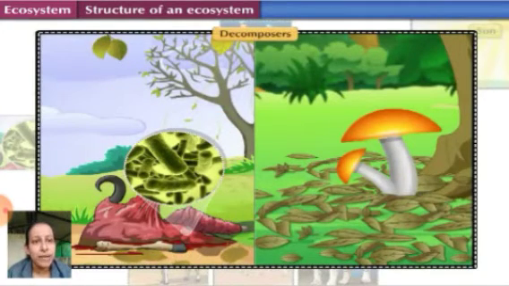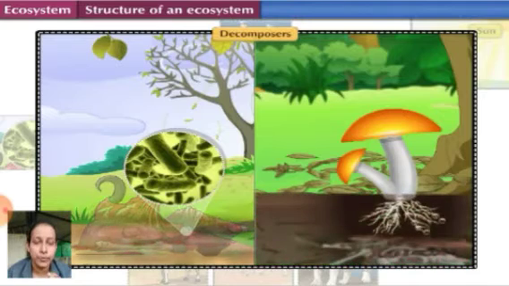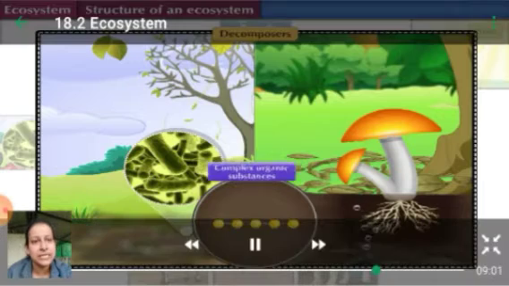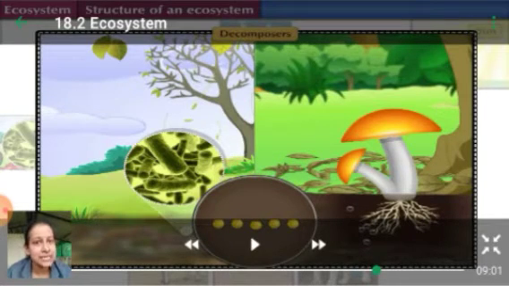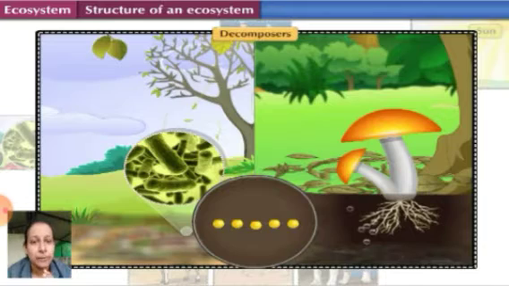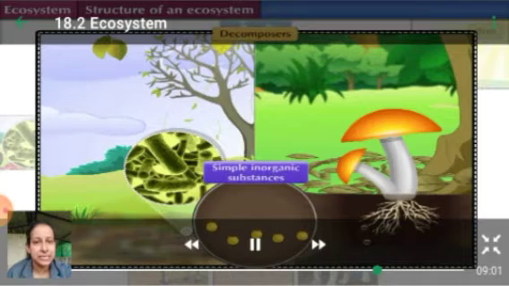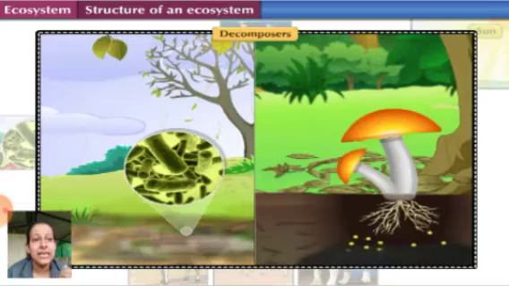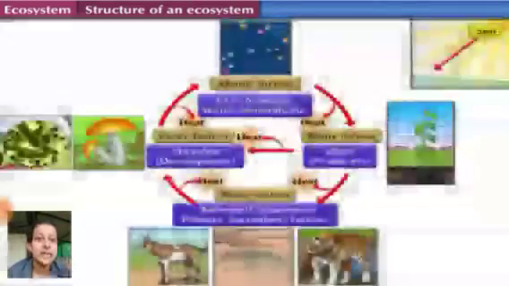These microbes and the fungi, you can see mushroom is a fungus, help in the process of decomposition, which converts complex organic substances, that is the dead bodies of the plants and animals, into simple inorganic substances like hydrogen, nitrogen, and all the different minerals, and leaves them either in the soil or in the atmosphere.